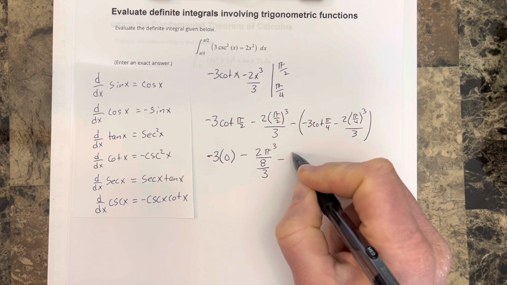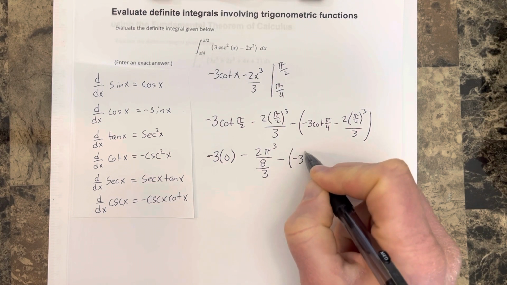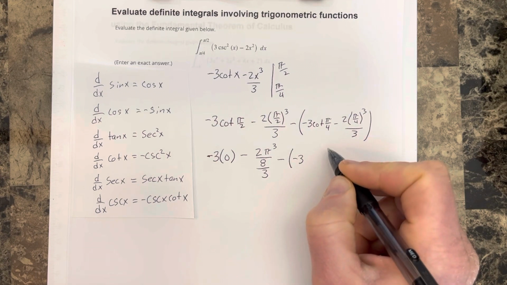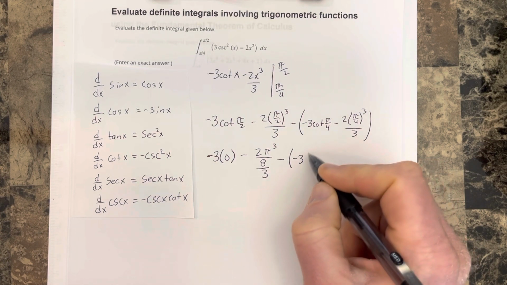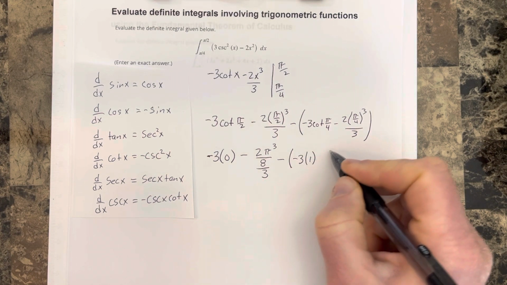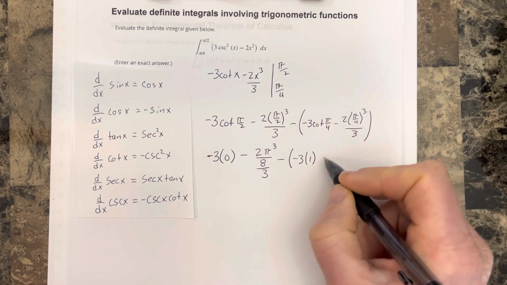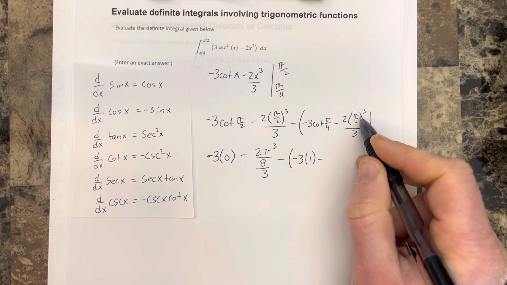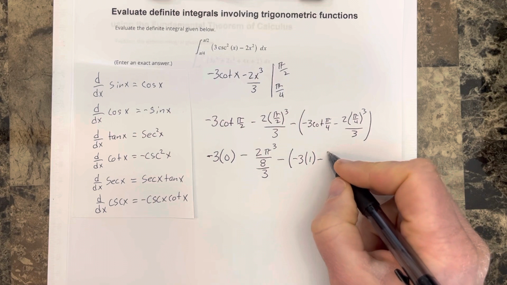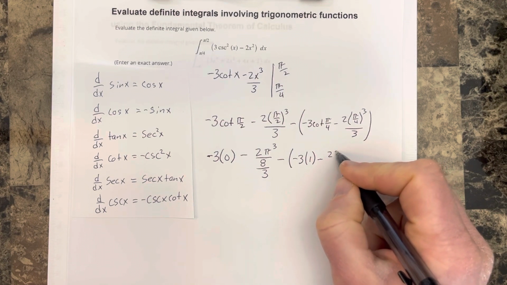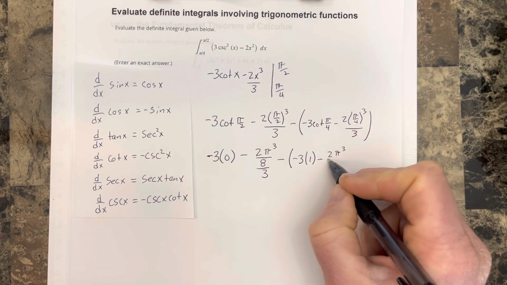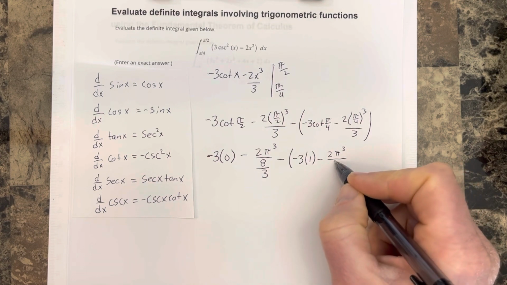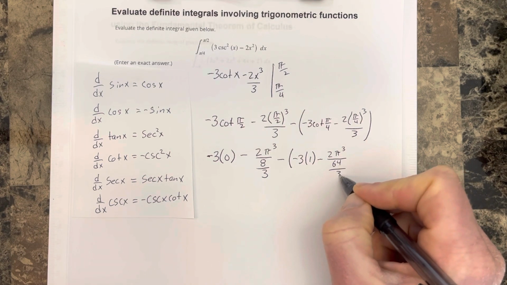Minus, I'll get negative 3 times cotangent of pi over 4, which is going to be 1, so that's times 1. And then I get minus 2 times pi over 4 cubed, which is 2 pi cubed over 64 divided by 3.